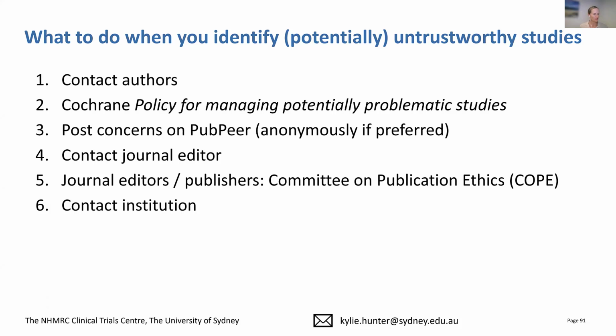I would also refer you to Cochrane's policy for managing potentially problematic studies for advice. Someone mentioned PubPeer before, so you can anonymously post any concerns you have about a study on that website. You could contact the journal editor about your concerns, and journal editors do have guidelines from the Committee on Publication Ethics on how to deal with these. You may also consider contacting the institution that led the study.